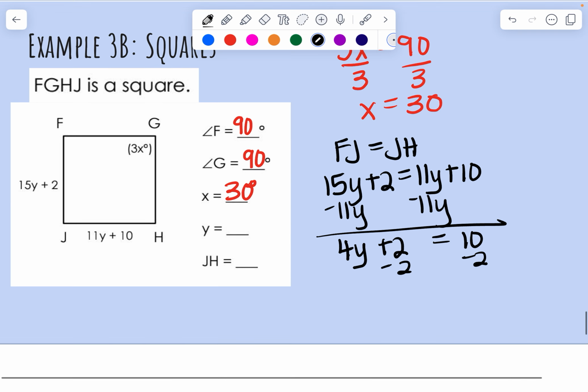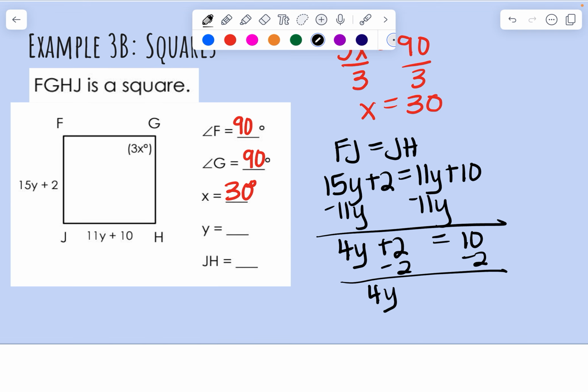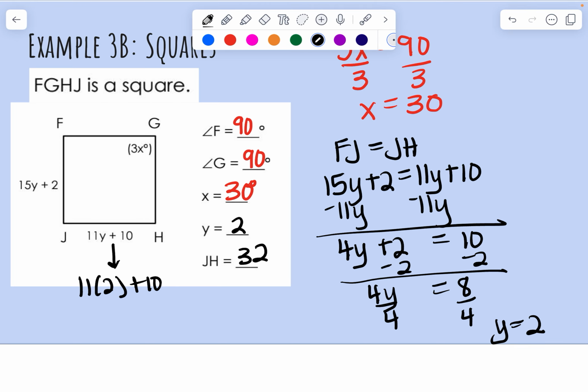Taking 2 from both sides, 4Y is 8. And then dividing by 4, I'll get Y equals 2. And they want to know JH, so plugging 2 in there, 11 times 2 plus 10 is 32.